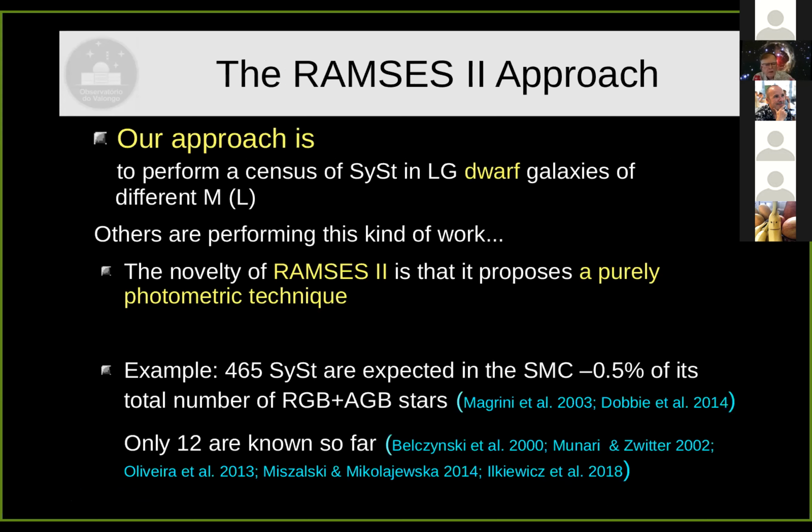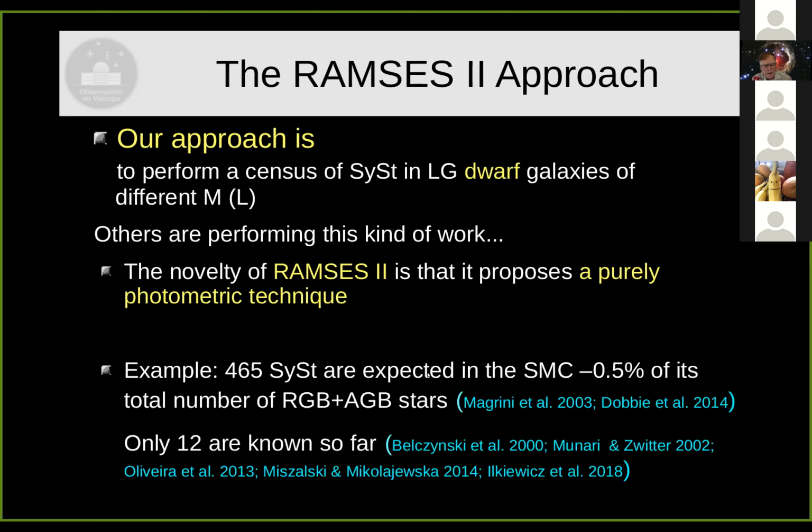In RAMSES II, our approach is to perform a census of these objects in the dwarf galaxies of the local group, galaxies with different masses or luminosities, using a novel technique that is purely based on photometry.